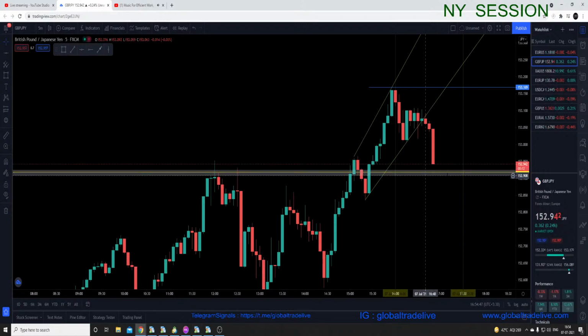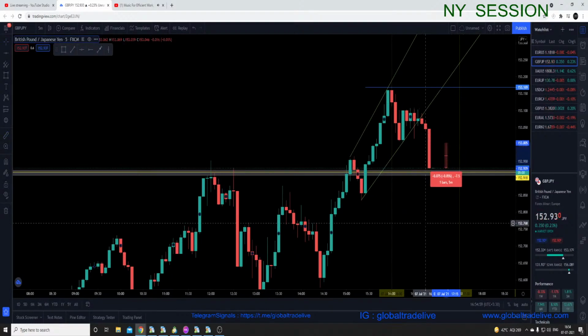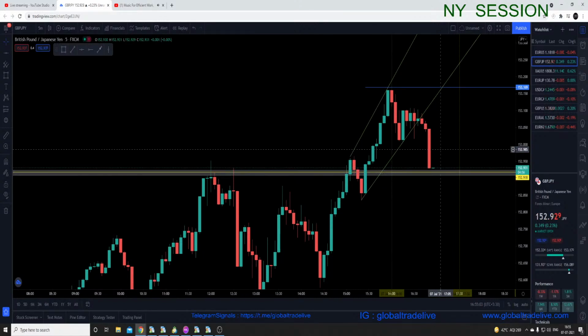Okay, it's coming down now. About to tap this area over here. Oh, it came down 7.5 pips now. So this candle just closed with no wick. So this will be 10 pips over here.